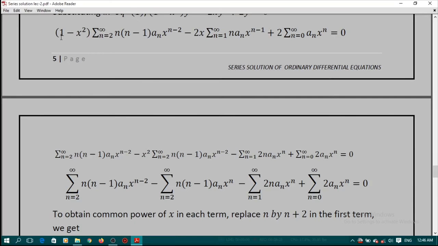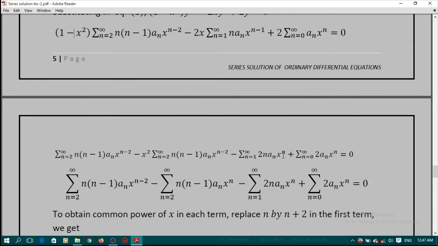Here we multiply this 1 with the summation, so we get summation n running from 2 to infinity n into n minus 1 a n x raised to n minus 2, minus x square into summation n running from 2 to infinity n into n minus 1 a n x raised to n minus 2, minus, we include this 2x into the summation, so we get summation n running from 1 to infinity 2n a n x raised to n.